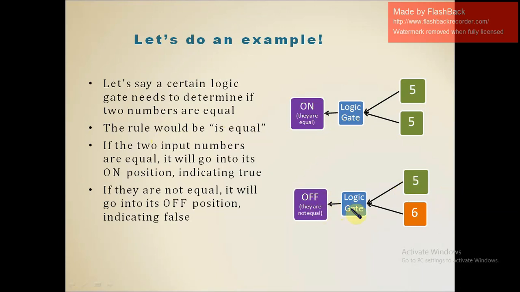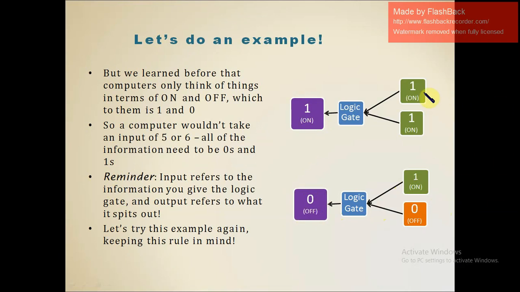Here the logic gate provides off, indicating false. Likewise, if we take 1 and 1, the logic gate output is 1, meaning it will be the true condition, the on condition. Here we take different inputs, 1 is on and 0 is off. When it is given to the logic gate, the values change, and with different values we get 0, which is the off condition.